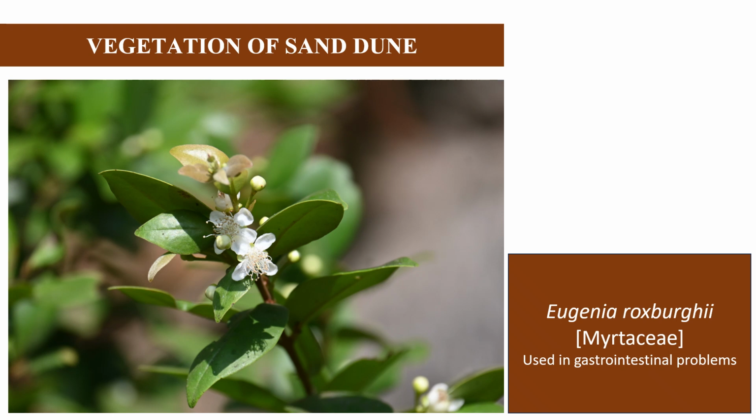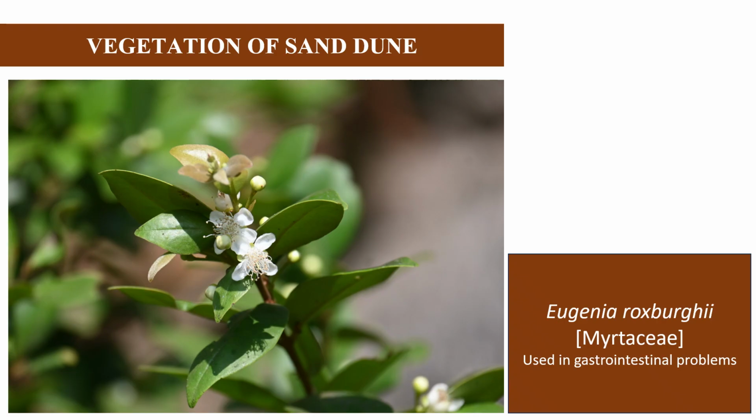So the next plant is Eugenia roxburghii, which I had mentioned earlier. This is a tree, and this is again a native species. So this plant is very important because it is also useful in gastrointestinal problems, but more than that, it is a native species, and people are looking out for plantation programs, which plants to be planted.